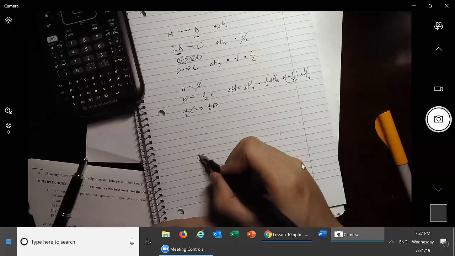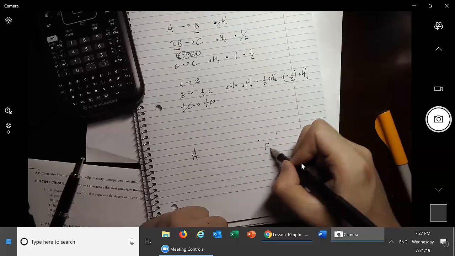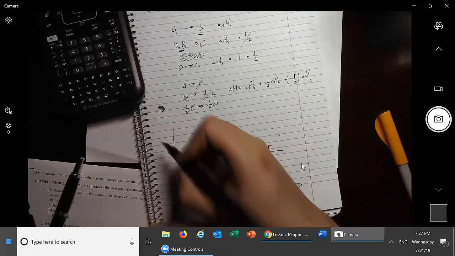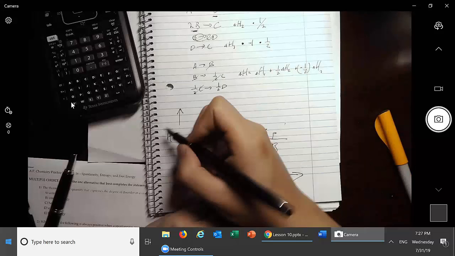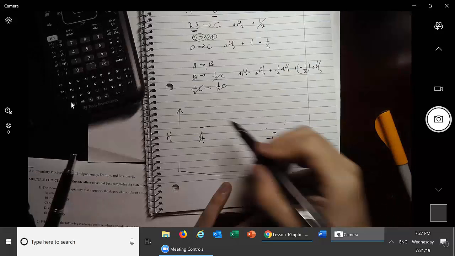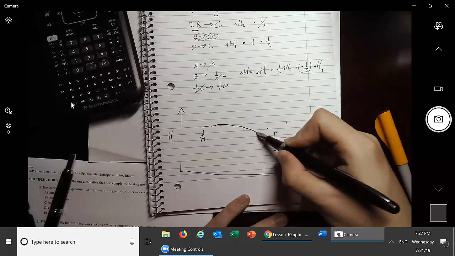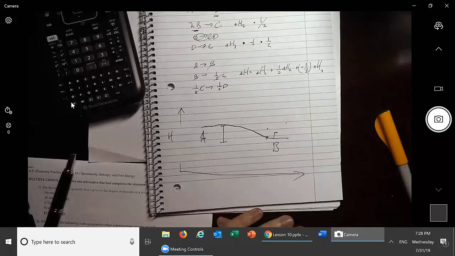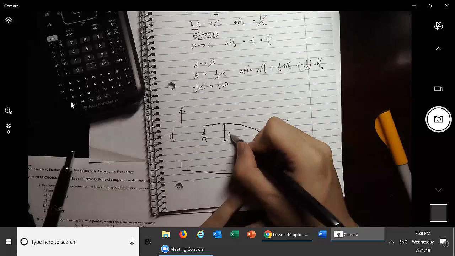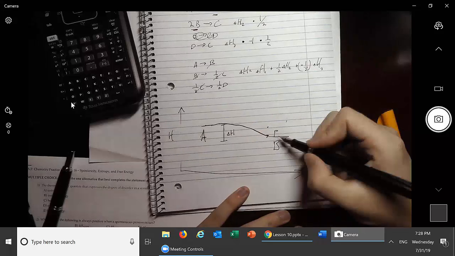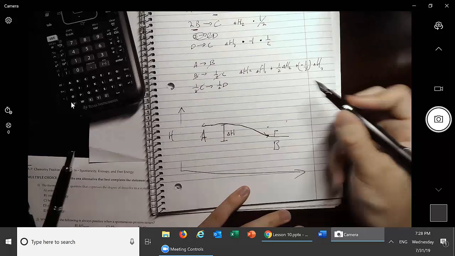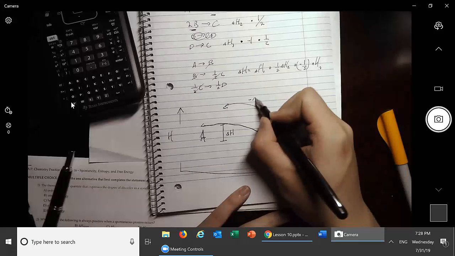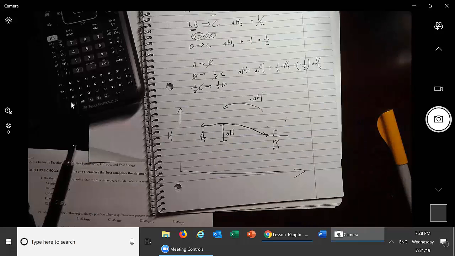Let's imagine we have two states, A and B. And on the y-axis, we have enthalpy. So if we go from A to B, we have this change in enthalpy. So we can call this delta H. However, if we go in the other direction, the change will be the negative. So in that direction, it should be negative delta H. Okay?